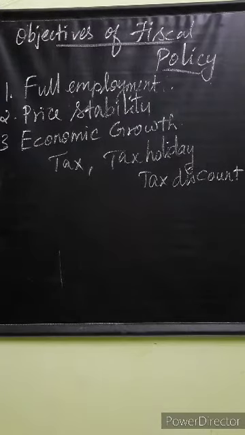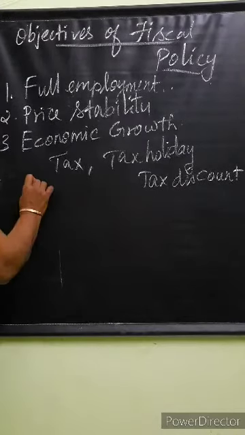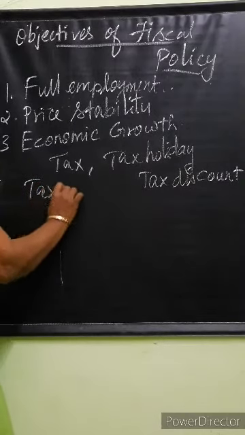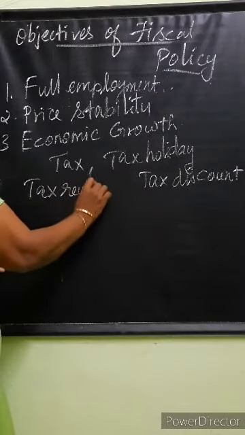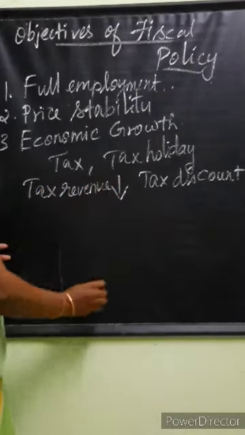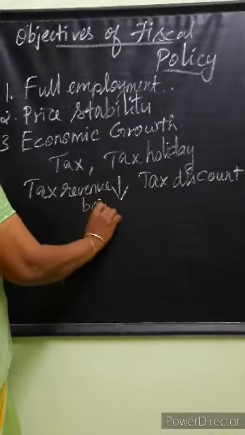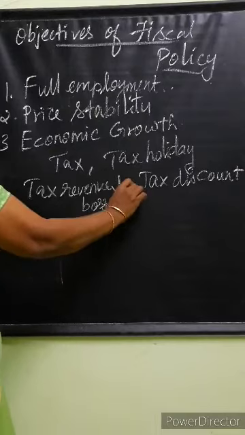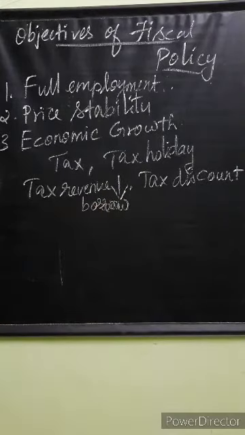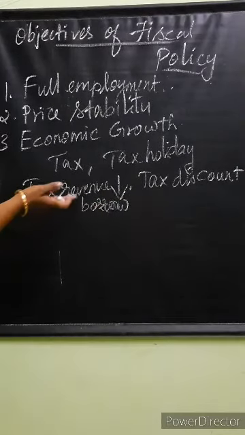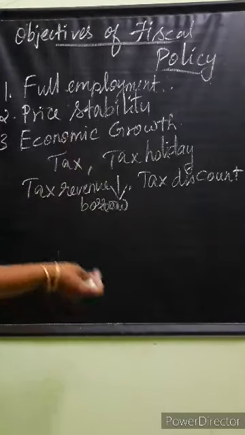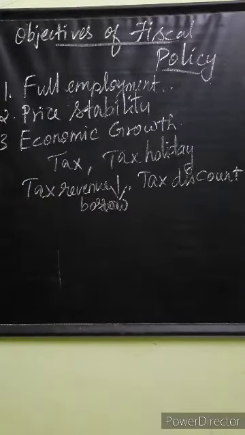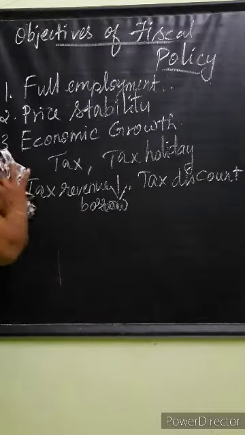So, if the tax revenue is in deficit, tax revenue is less, it has to borrow from internal or external sources. That is economic growth. Why is the government borrowing and investing? To bring the economy up. So for economic growth, the government has to borrow.